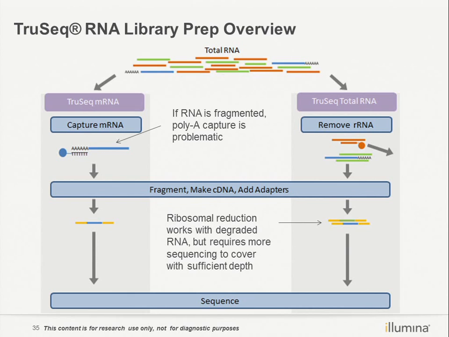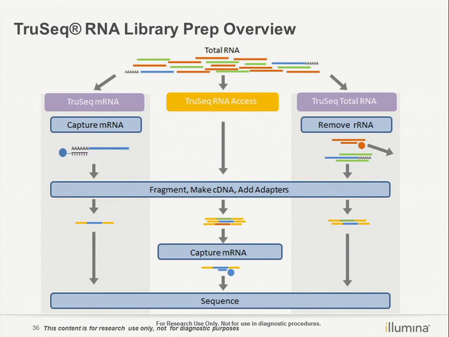This part of the non-coding RNA will cost a lot of reads in our sequencing process. That means it may require us to sequence more to cover all of our target coding RNA with sufficient depth, so of course, more cost. So we launched a third method for the users. If you find the limitations of these two methods, you can try the third one, but it's a bit more expensive, of course.